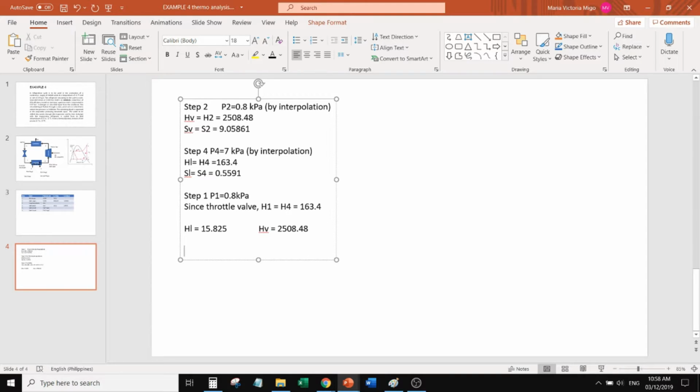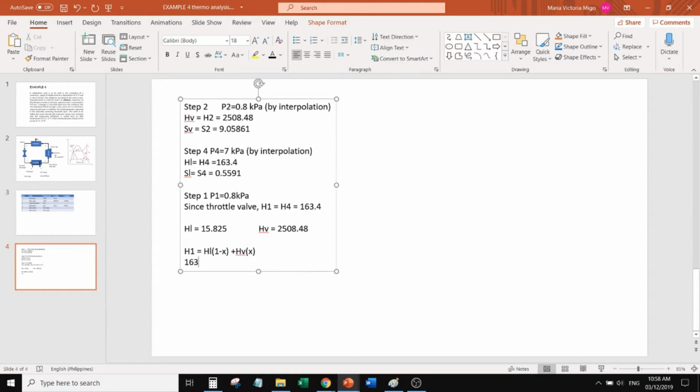To solve for x, H1 equals HL times 1 minus x plus HV times x, correct?